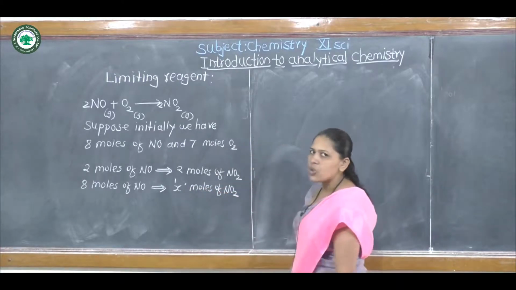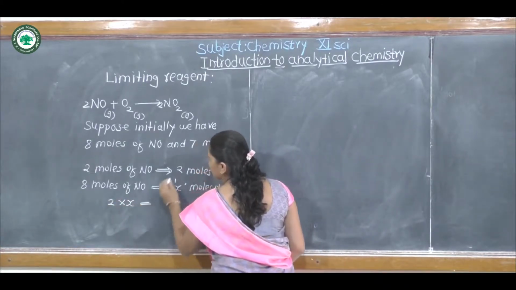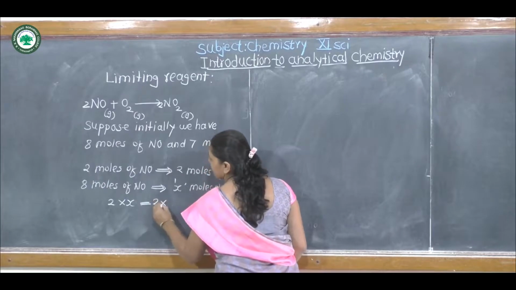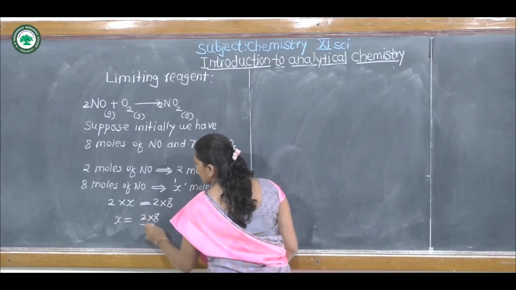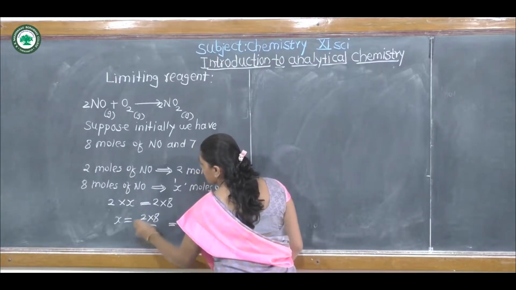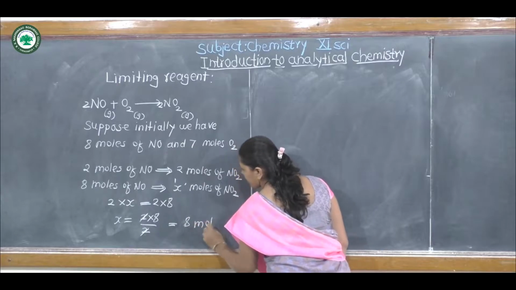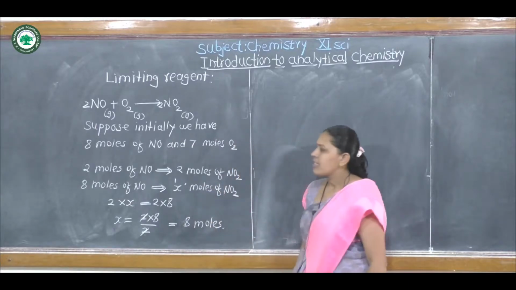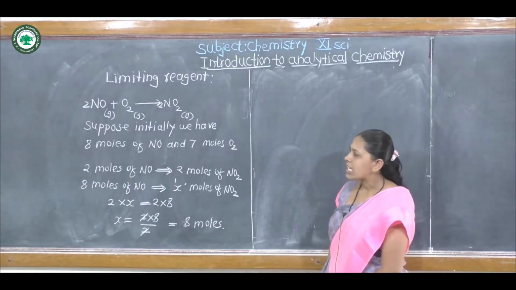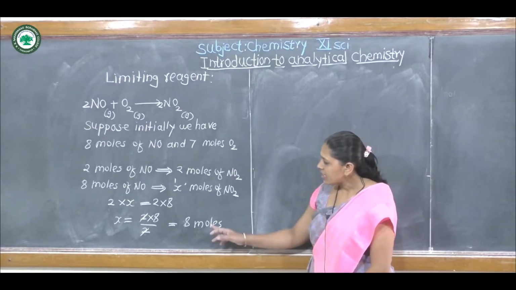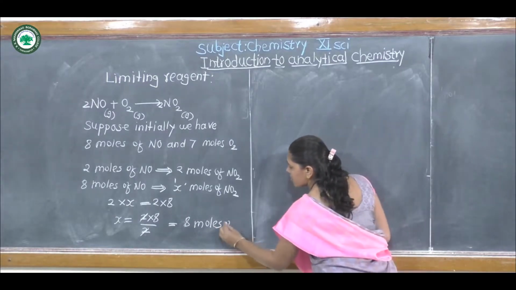Then by cross multiplication, 2 multiplied by X is equal to 2 multiplied by 8, and X is equal to 2 multiplied by 8 divided by 2, 2 gets cancelled, X is equal to 8. If initially 8 moles of nitrogen monoxide are taken, then 8 moles of NO2 will be formed.